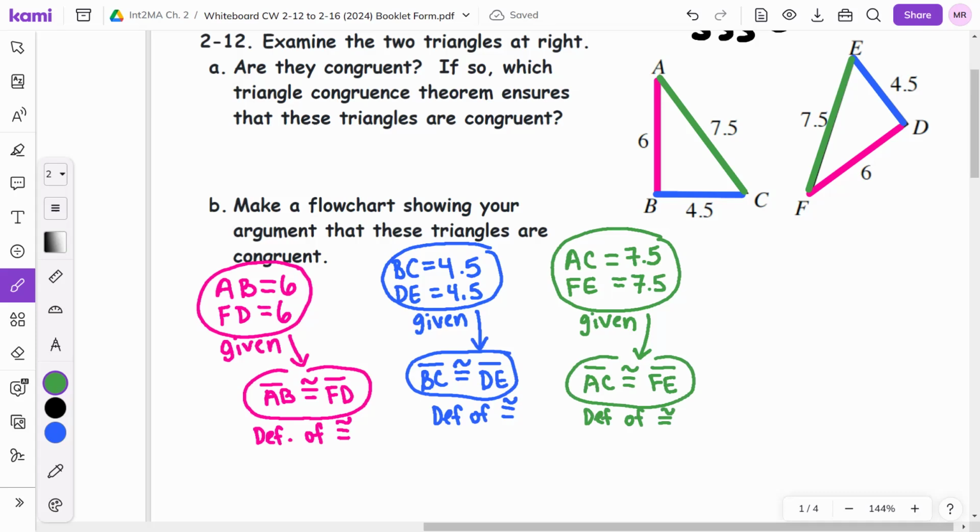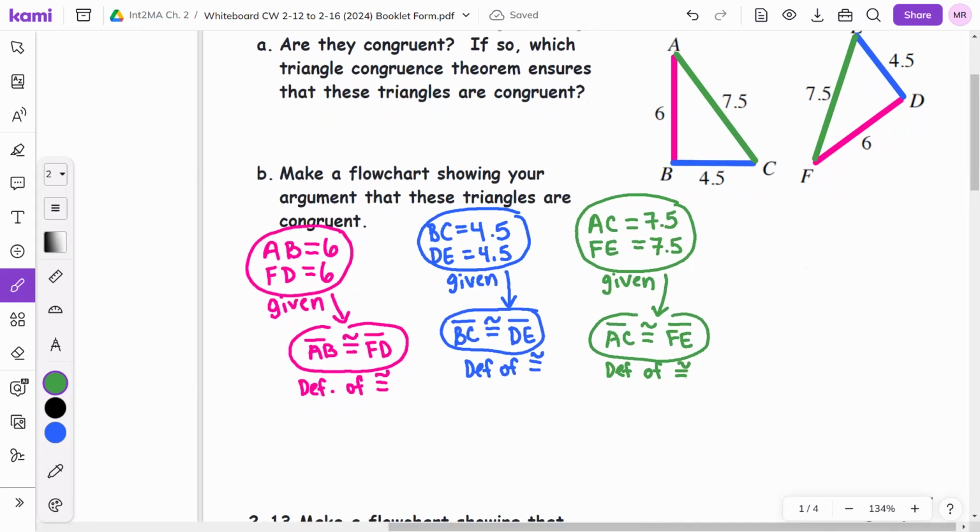So now, since I have these three sides being congruent, let me draw arrows showing the flow of the proof.